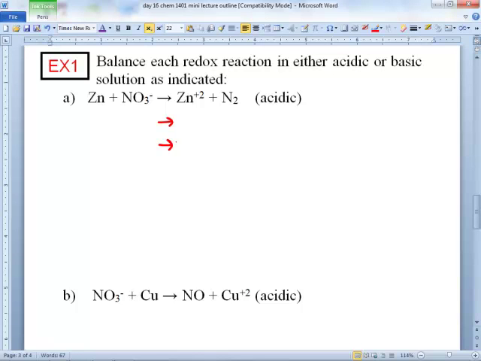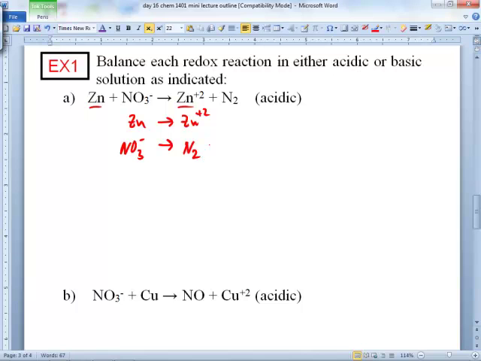And you don't even see the electrons. You just see, okay, I've got zinc on this side and zinc on that side. So I put zinc on this side and I put zinc on that side. It's not that bad. And then the other half reaction would just be what going to what? The NO3, the nitrate, going to N2, nitrogen. So breaking it up into its half reactions isn't so bad.